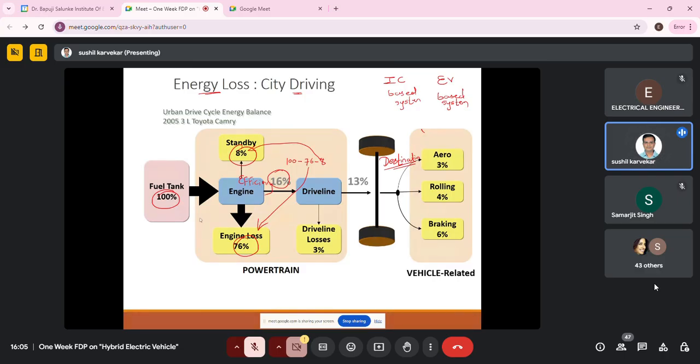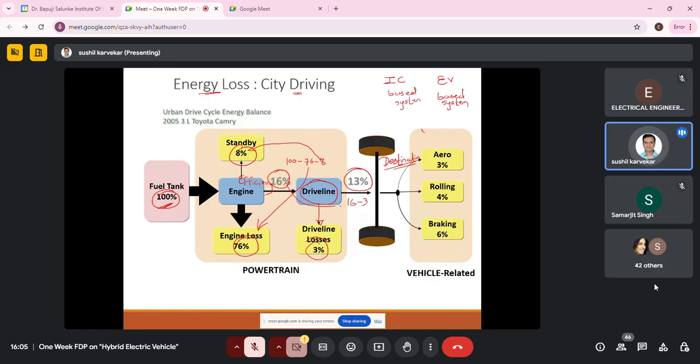So the fuel tank, if it is 100% efficiency, then the net energy which is fed to the drive system is going to be around 16%. Again, if we talk about driveline system, then the losses which are present in the driveline are 3%. So this 13% is going to be 16 minus 3.